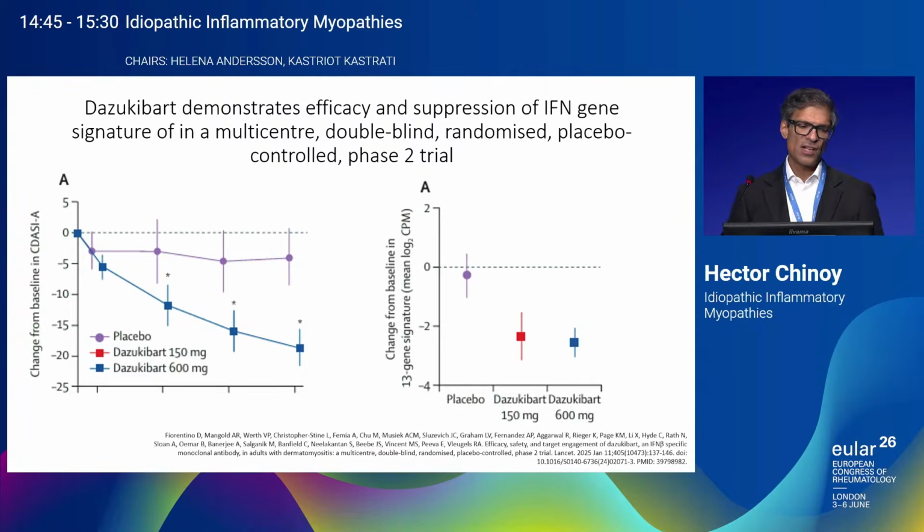On the left-hand side, we can see the change in CDASI over time in the dezucabart 600 mg dose compared to placebo. And then on the right-hand side, the change in 13 gene signature interferon score, which doesn't change in placebo, but profoundly goes down in both dezucabart doses.